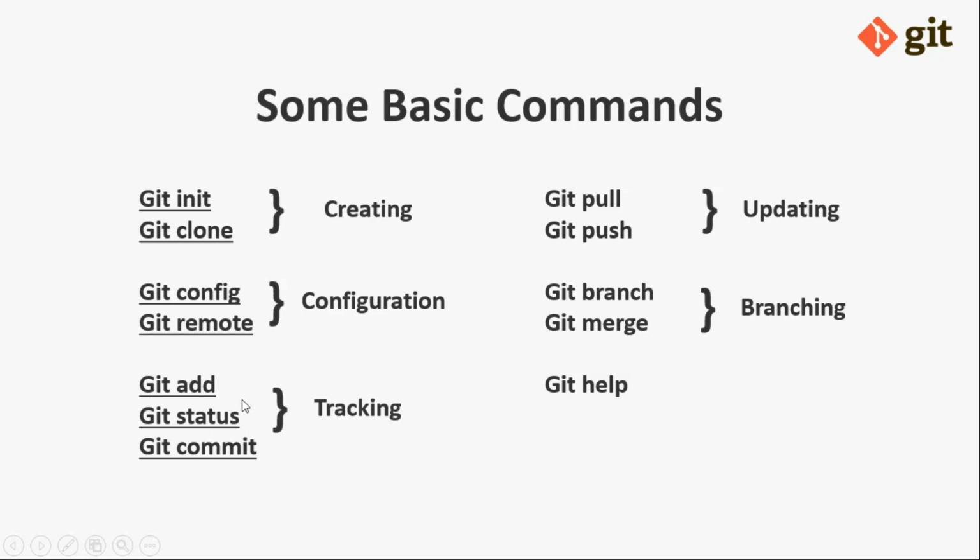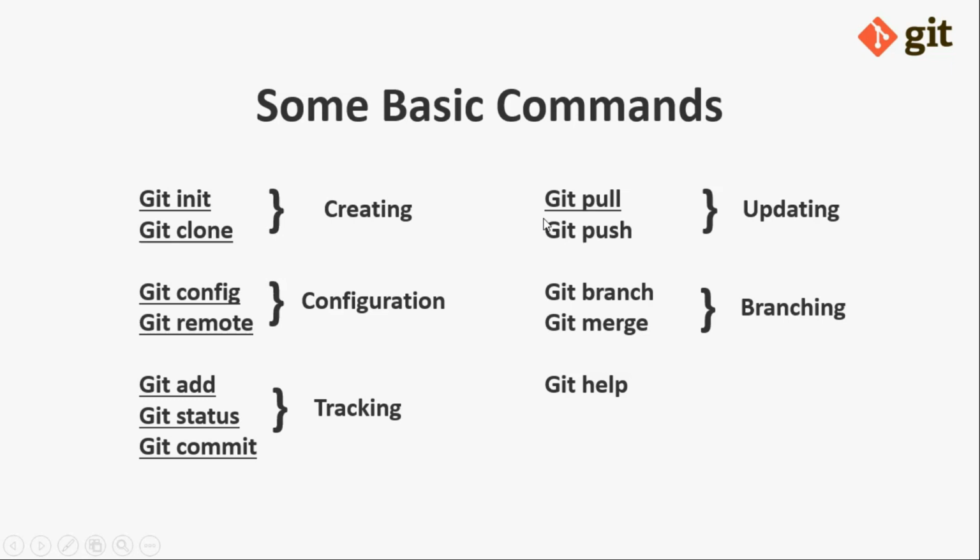But then the git status allows you to check whether that file has actually been tracked or not. So the git status will give you the state of your file, and then after you have added and checked that the file is being tracked, you can now commit. When you commit, it is like saving your file to Git's inner database where it will be stored, and then the file will be tracked from there on.